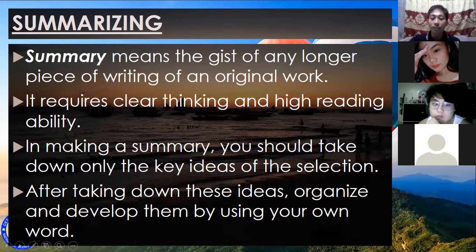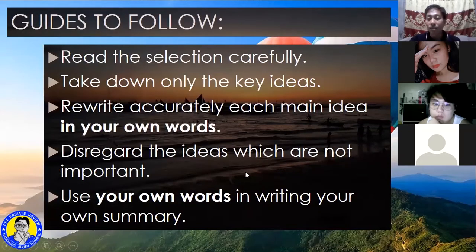And then when you make a summary, you should preserve the key ideas of the selection, okay? And then organize and develop the ideas using your own words with as few words as possible, okay? Because if your summary is longer than the original passage or article, then it's not summarizing, okay?